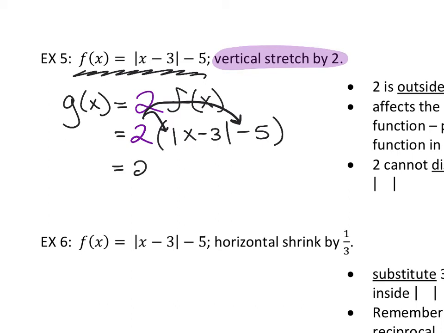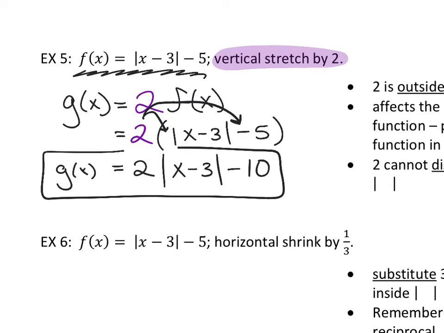This will end up being 2 times the absolute value of x minus 3 times negative 10. I have to multiply that. Just like I had to do for the minus sign, I have to do that for the 2. So I have one step of simplification. But remember, it does not go inside the bars.